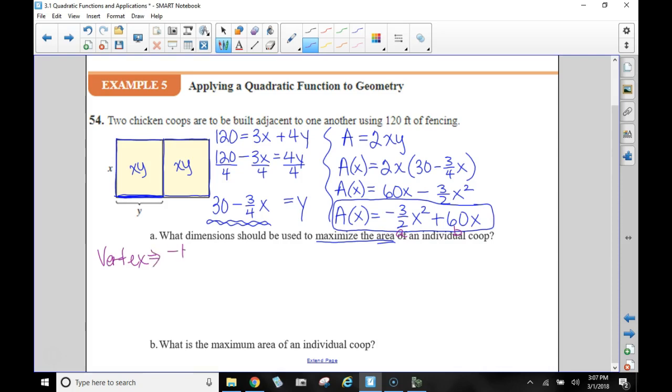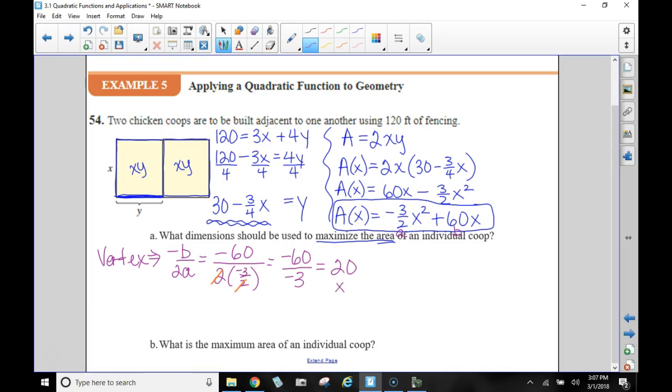We take the opposite of B over double the A. So the opposite of 60 is negative 60 over 2 times a negative 3/2. There's double the A. So this will be negative 60 divided by, the 2's reduce here, just leaving us with negative 3. And so 20 is the maximum x value.